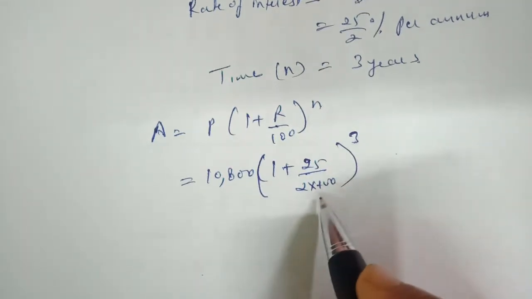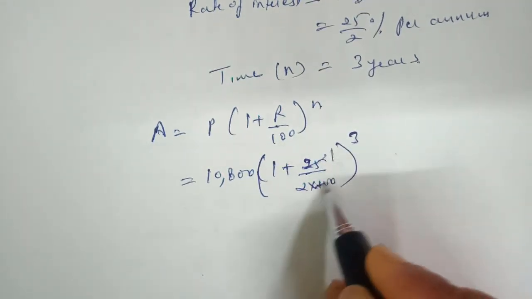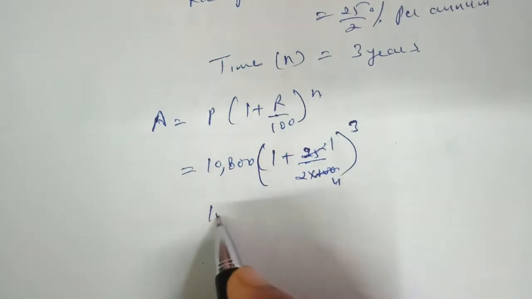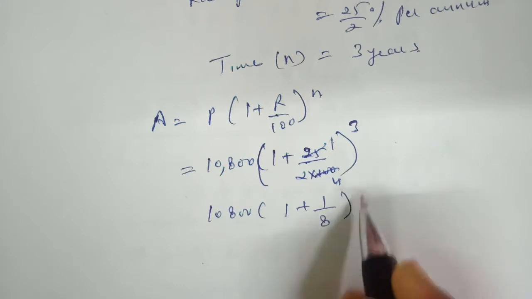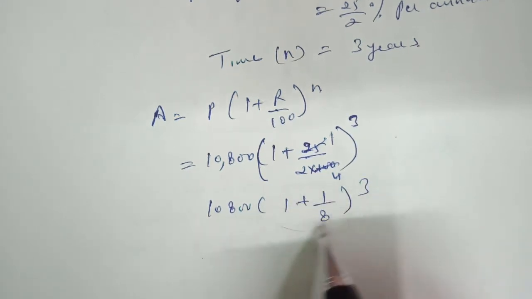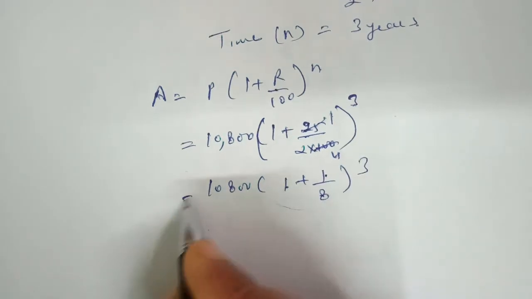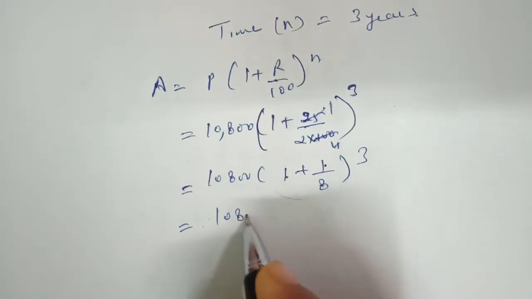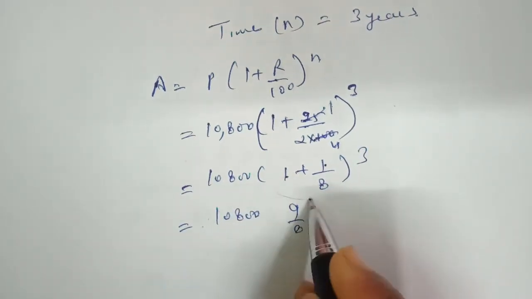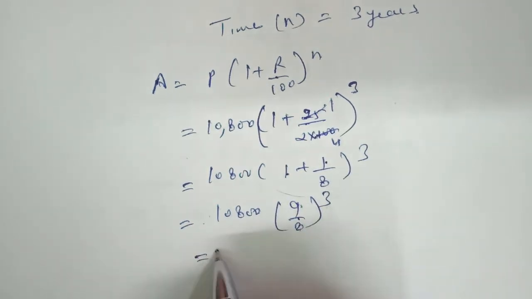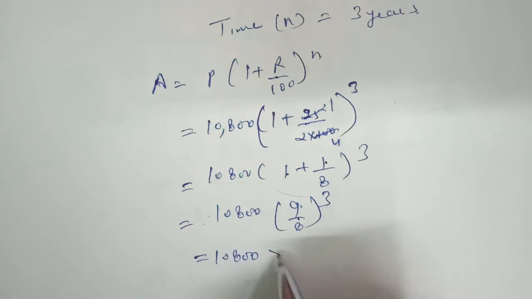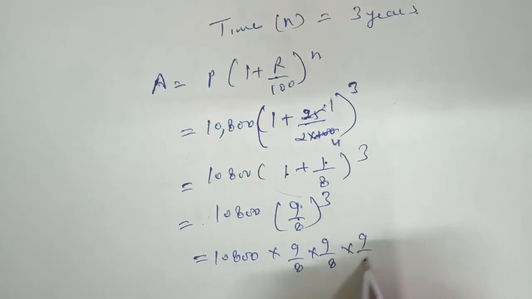Here we do the calculation. 25 fours are 100, so we get 1 plus 1 upon 8, and the power 3. Taking the LCM, 8 plus 1 is 9, we get 9 upon 8 raised to the power 3. Now we write 9 upon 8 three times: 10800 into 9 upon 8 into 9 upon 8 into 9 upon 8.